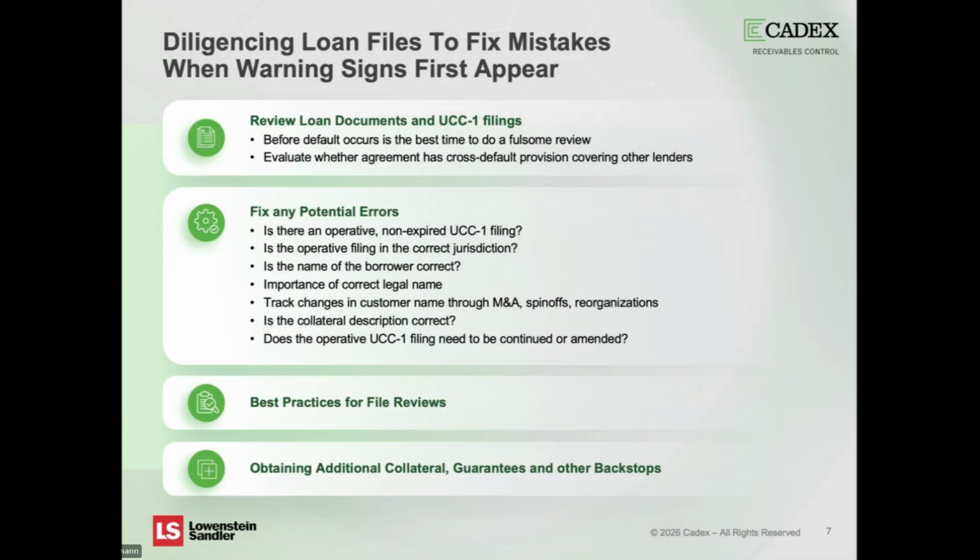So Patrick mentioned purchase money securities, consignments. And before we talk about reviewing loan documents and UCCs and looking for mistakes, let's do a quick primer on how you get your security interest. As a lender making advances, you want a security interest in essentially all your customers' assets.